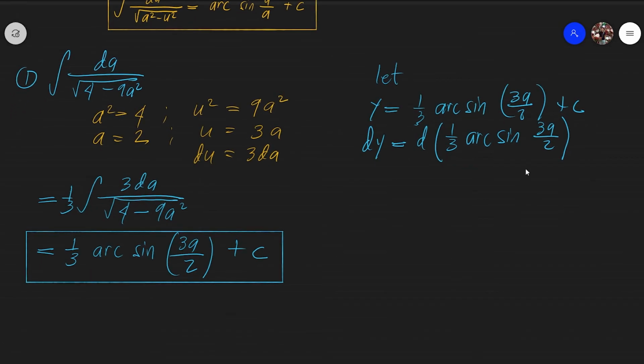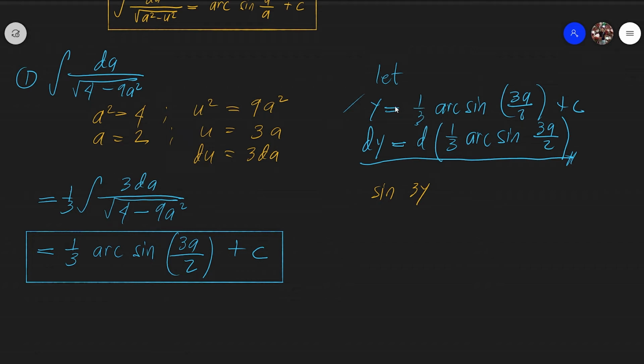Now, assuming that we don't know the formula for arcsine 3a over 2, what you will do instead is rewrite that equation. You can write that function as sine 3y, because of the 1/3 here.